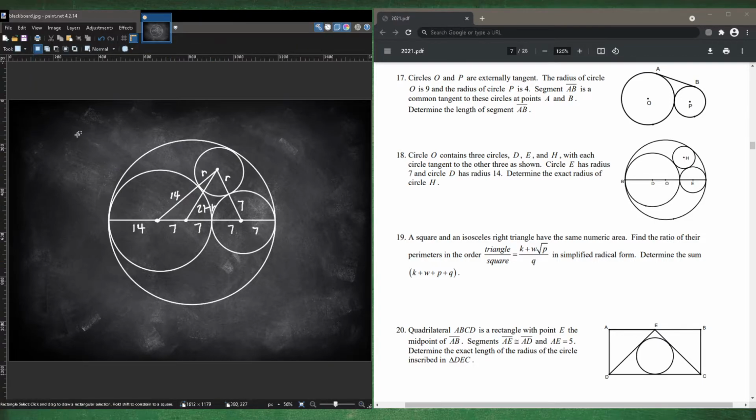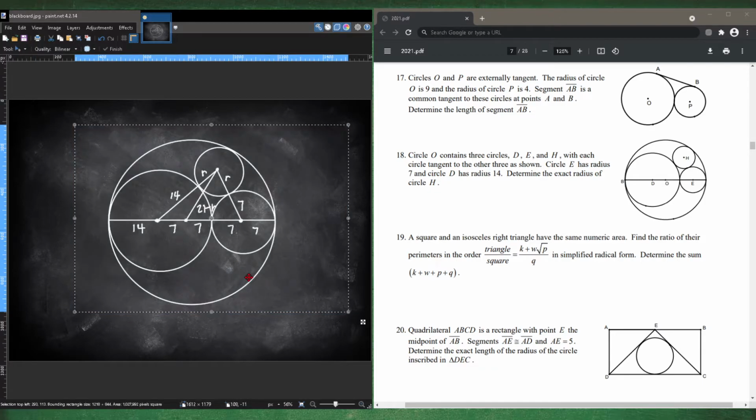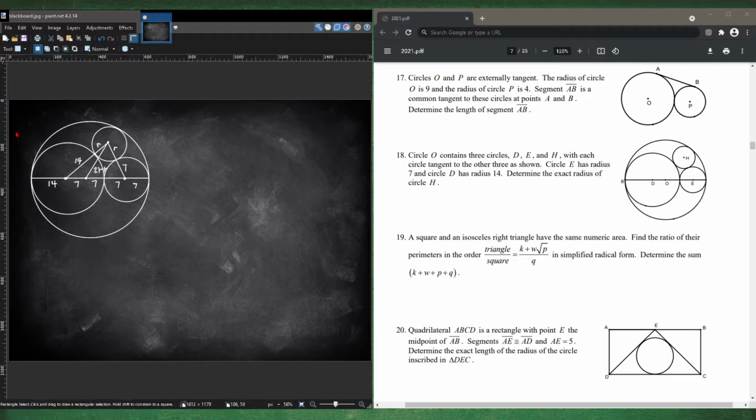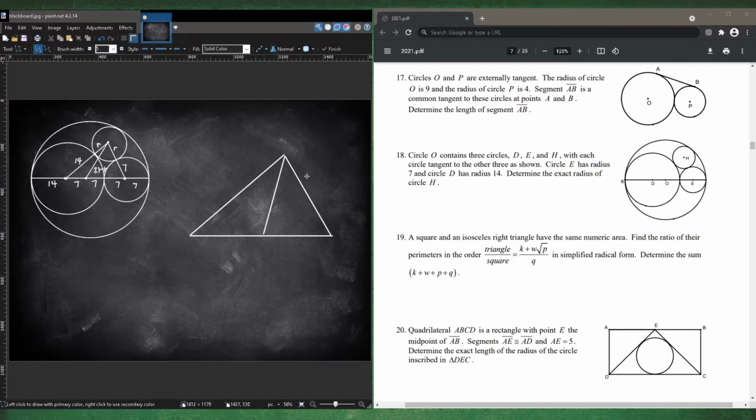So that looks pretty ugly, so let's just simplify this to a triangle because we're going to use the same idea of how we solved 15 for this. So line, line, and line. Okay, so this length was 14 plus r, and this was 7 plus r. This was 21 minus r, and this was 7, and the 7 plus 7, so this one's 14.